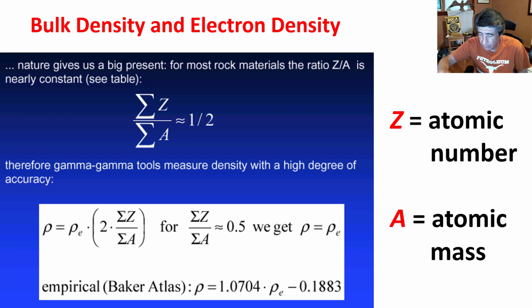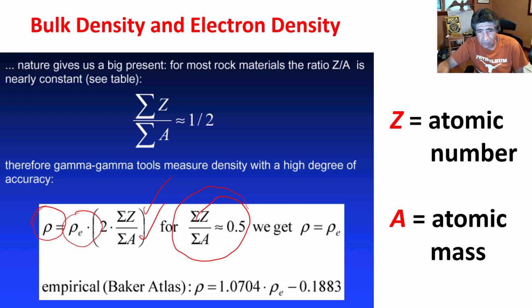So it turns out that there's a very important equation that governs the relationship between electron density and the density of the rock, where Z is atomic number and A is atomic mass. And it turns out that for most of the minerals that we have in the earth, the ones that we deal with in our business, that ratio is approximately 1/2, whereby the electron density is very, very close to being equal to the density of the rock.